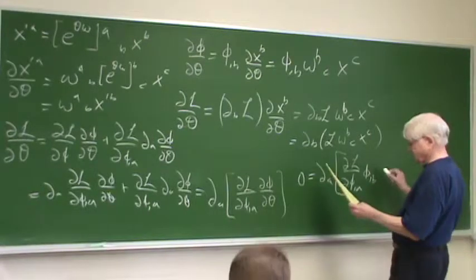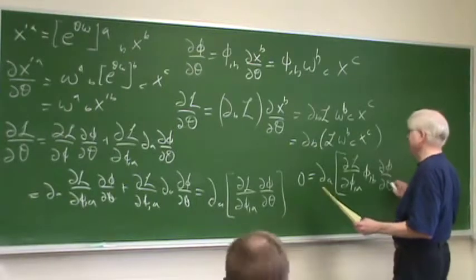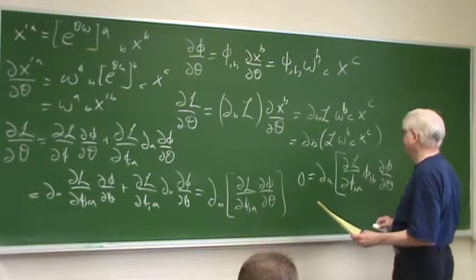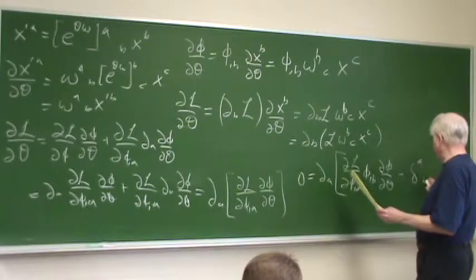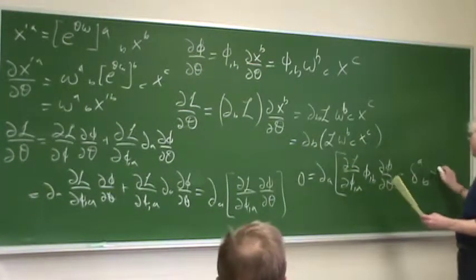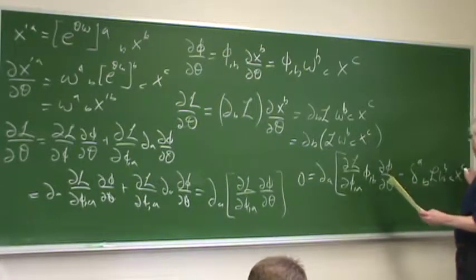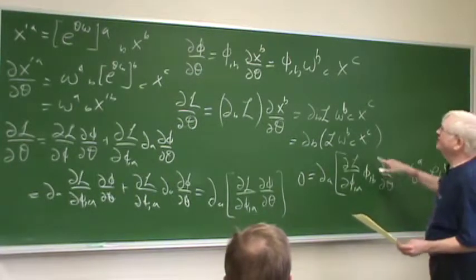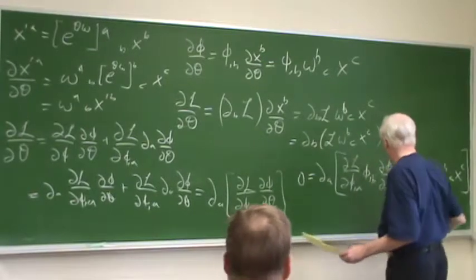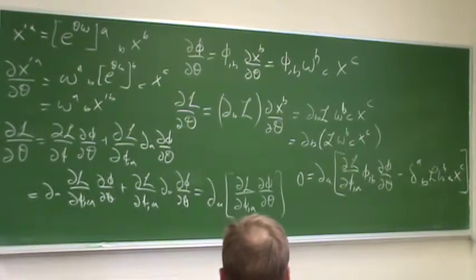All right, so let me do this a little bit more slowly. This is partial phi partial theta, and then it would be minus delta_AB, and I've already done this part, so let me call this L omega_BC x_C. And this thing here, partial, oh, I've already done that, it's up here. Okay, so let me stick that in down there.